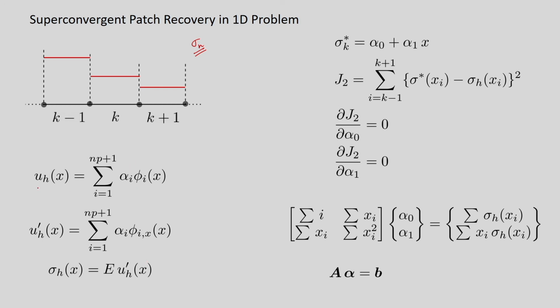So, we have the finite element displacement as alpha I phi I. We take the derivative with respect to x, we get the strain, that is u prime h, the finite element strain or the strain obtained from the finite element model. So, x is the argument, so at any point on the domain we can actually calculate the stresses and strains.